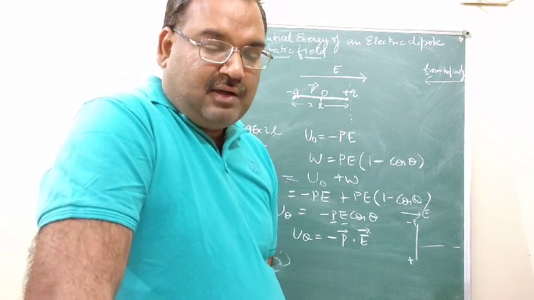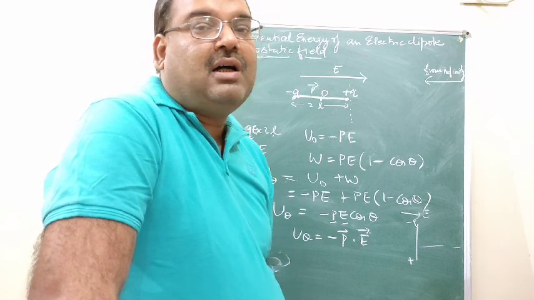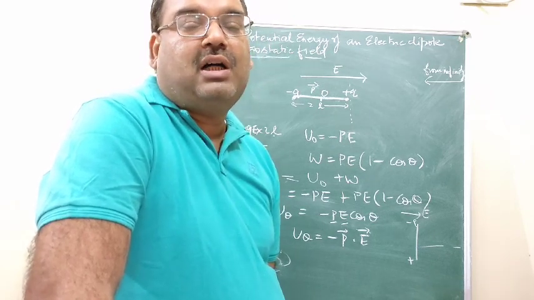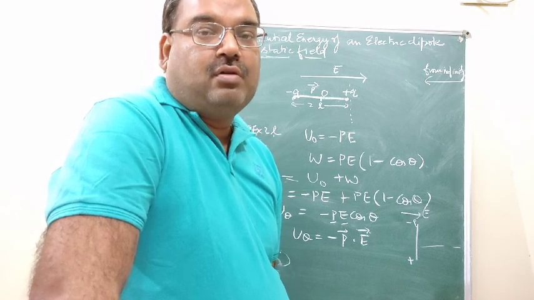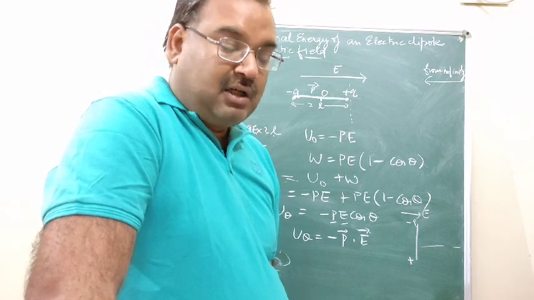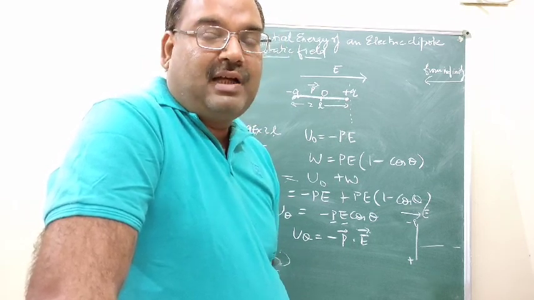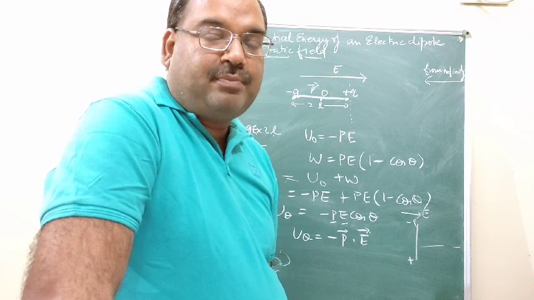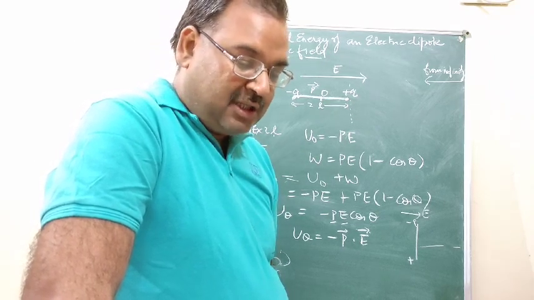If theta is equal to 0, that is, the axis is lying along the electric line of force, that is the electric field, then the electric dipole is said to be in equilibrium, and its potential energy will be least, equal to minus PE.